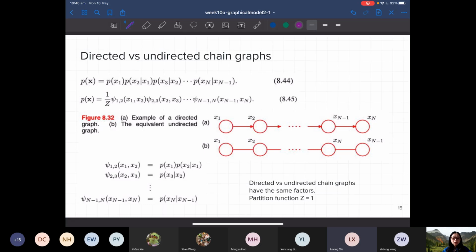So we're going to take a look at the relationship between directed versus undirected graphs. We do this first for chains and then for general graphs. And then we will look at how we do inference on undirected chain and tree graphs.